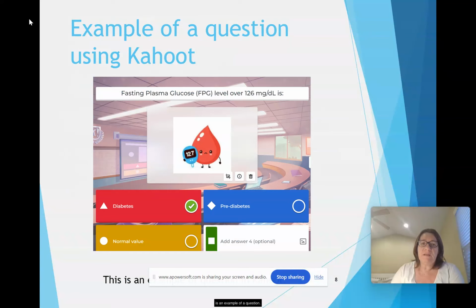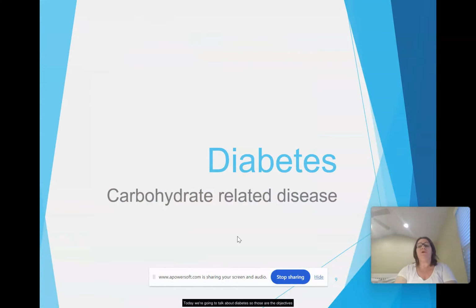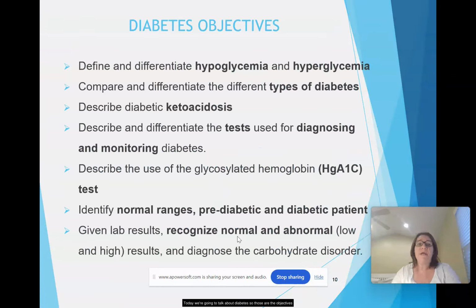So this is an example of a question. We usually have the title. Most of the time there is a picture, and then the question that the students can choose. Today we're going to talk about diabetes. So those are the objectives.